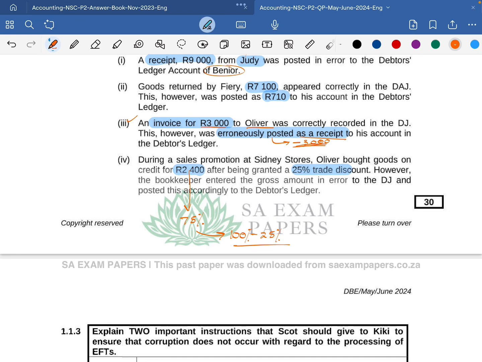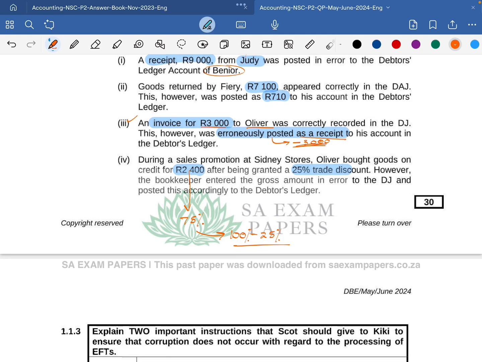Okay, now, however, the bookkeeper entered the gross amount in error to the DJ and posted this accordingly to the debtors ledger. Right, now we need to account for the trade discount because only the gross amount, which is the total amount, was used, whereby the trade discount was not taken into account.